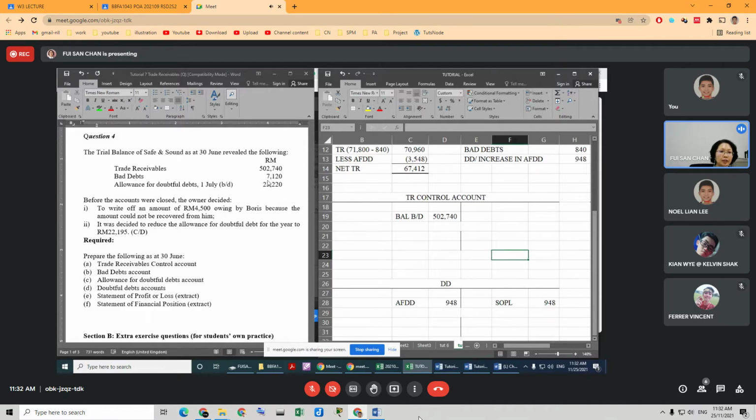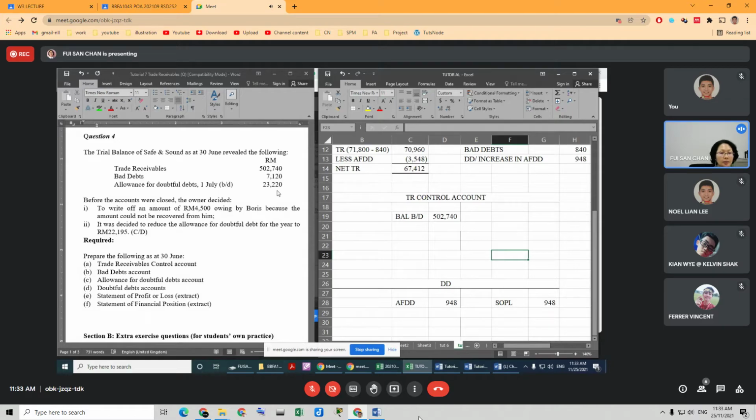This one already deducted. If haven't deducted, you will not have this item called bad debts already deducted. So meaning you debit bad debts, you credit trade receivable already, because this is your trial balance, already deducted.